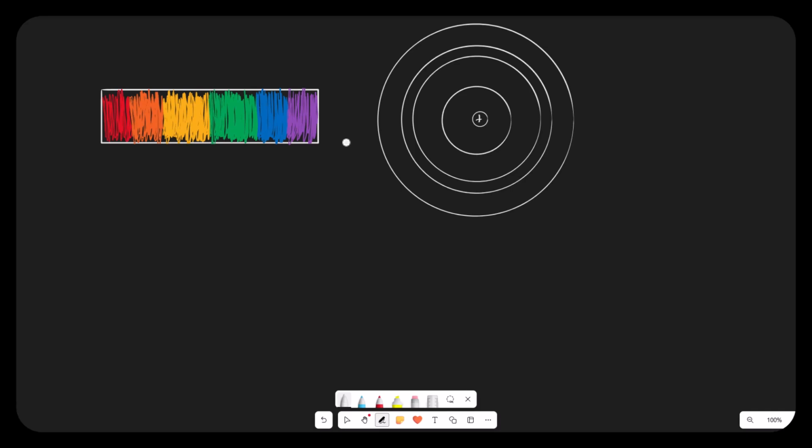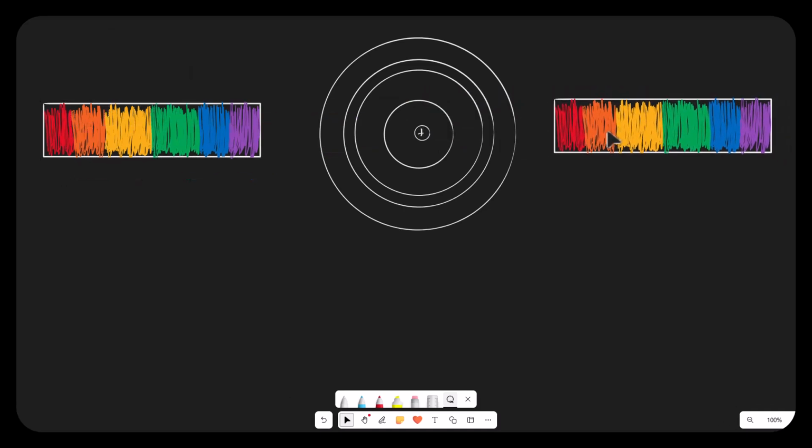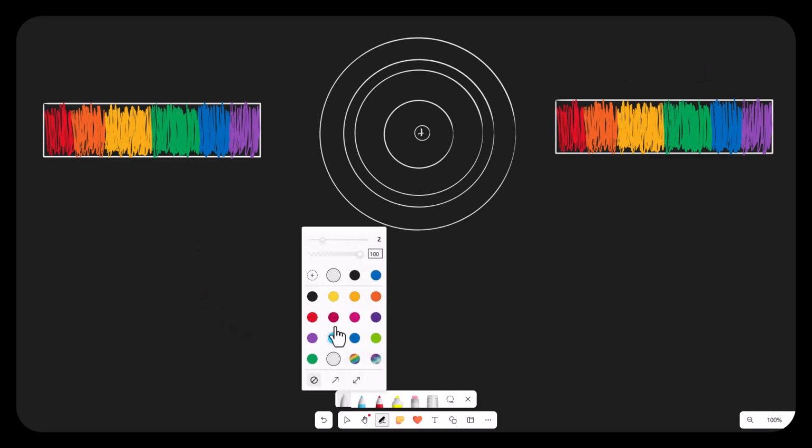It hits our hydrogen, which has an electron sitting in some energy shell. And then we see light on the other side. But what we see is that we are missing this spot.